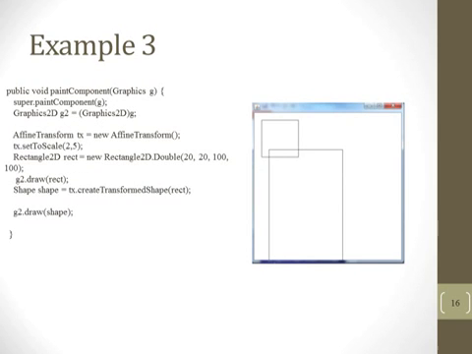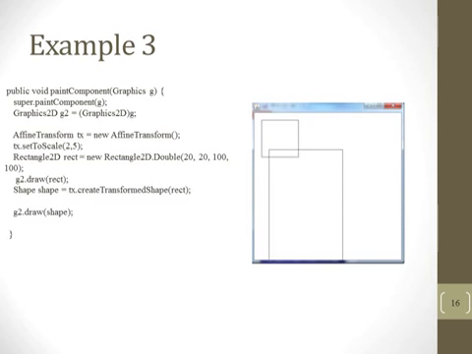Here in this example, we will illustrate scaling. We make a scale by 2 along the x-axis and a scale by 5 along the y-axis. So first we create the transform tx, and then we set tx to scale 2 along the x-axis and 5 along the y-axis.